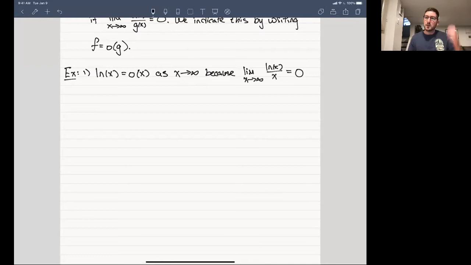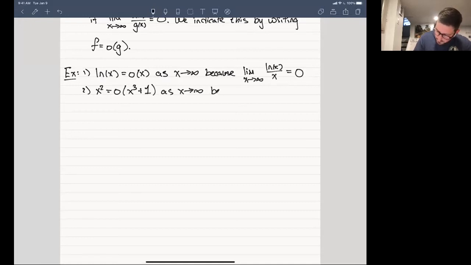Actually, we saw it with x squared, but it's the same proof. You can use L'Hopital's rule to get that again. Another example of this is that x squared is little o of x cubed plus 1 as x goes to infinity. This is because in the limit, your numerator has a lower degree than your denominator, and so this thing is also going to go to 0.